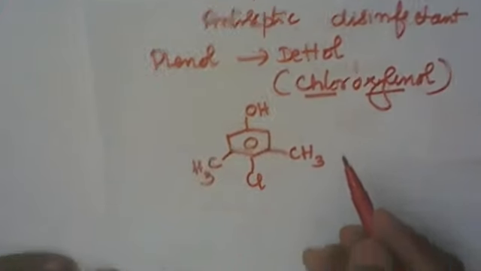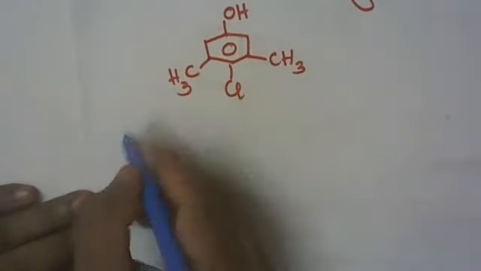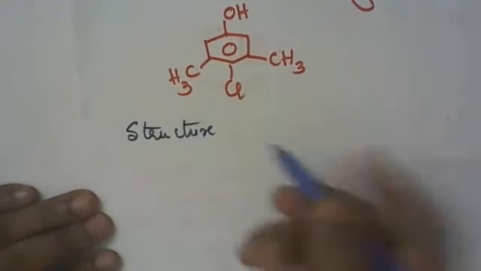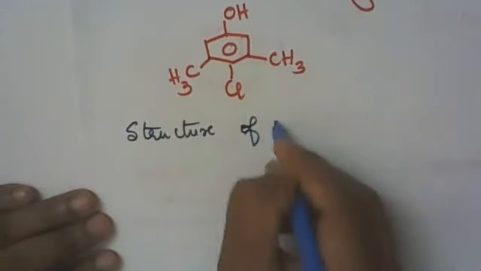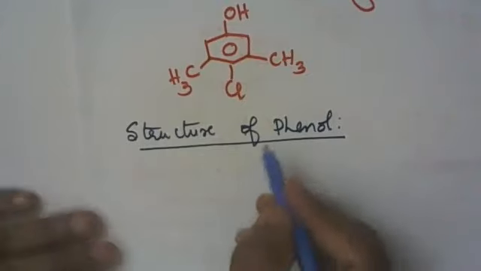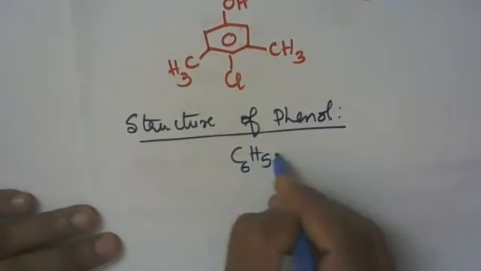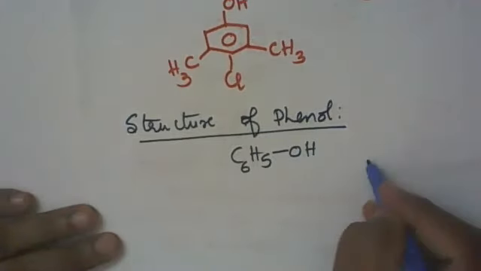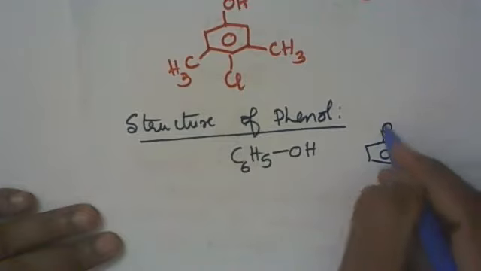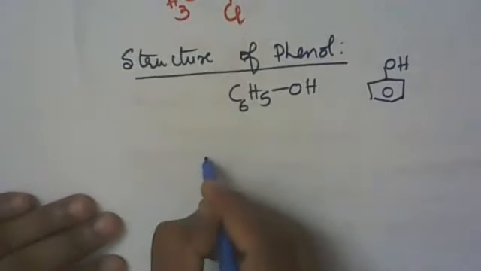Okay. Now let us study the structure of phenol and the hybridization of the carbon atoms in benzene. Phenol molecular formula is C6H5OH. Correct. That is a benzene ring attached to the OH group. Let me draw that benzene.